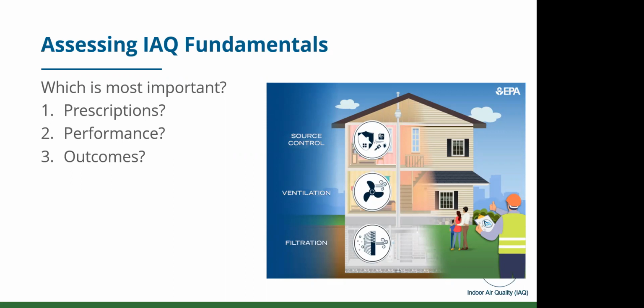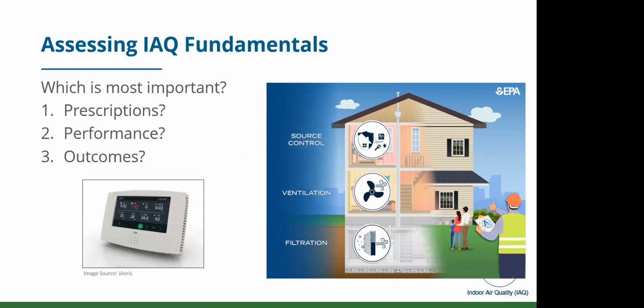But this can be tricky for an IAQ program. So many of us now own a desktop IAQ monitor that might have temperature, relative humidity, carbon dioxide, particulate matter, and estimated TVOCs, potentially even radon. These are all great tools. They can help us often identify IAQ events that are happening.